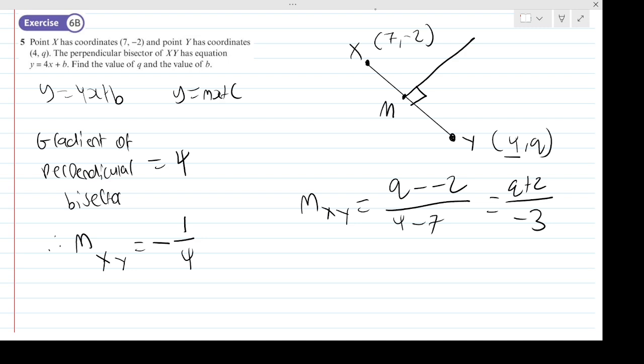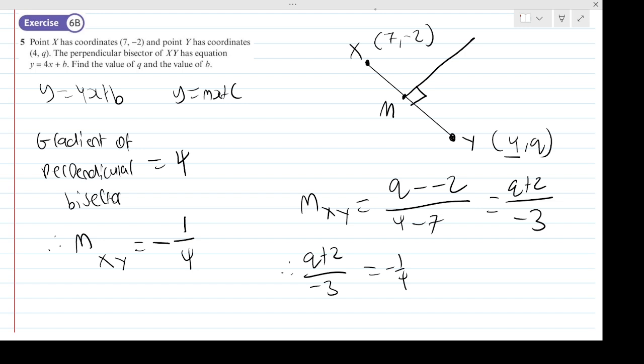Okay, but we know that we've got 2 expressions for the gradient of xy here and here, right? Well, that means they have to be equal to each other because they're the same. Therefore, we can say that q plus 2 over minus 3 is equal to minus 1 over 4.